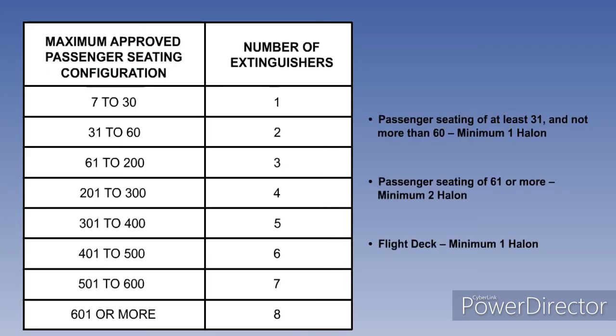Where the maximum approved passenger seating is at least 31 and not more than 60, at least one portable extinguisher must be Halon 1211. And where the maximum approved passenger seating is 61 or more, at least 2 must be Halon 1211. The flight deck extinguisher must be Halon 1211.